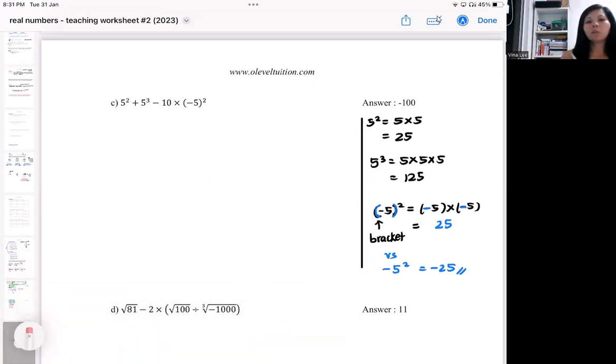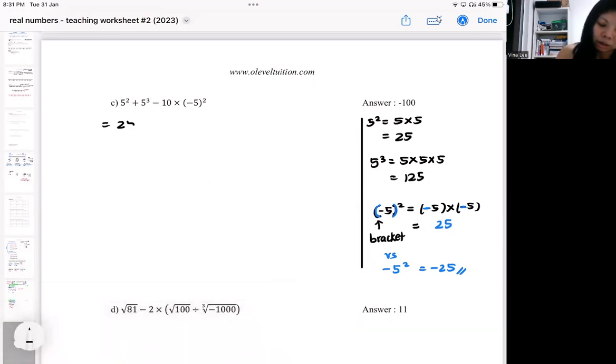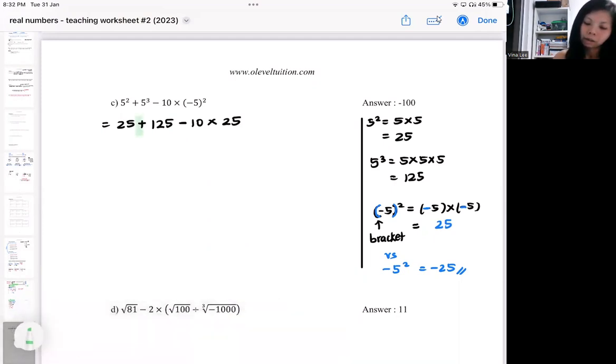So when you see square, cube, or square root, we will try to handle the number first. We will handle the number before we execute the four operations. Otherwise, I'm quite sure you'll get very confused. So after you observe no more squaring, then you can observe plus, minus, times.